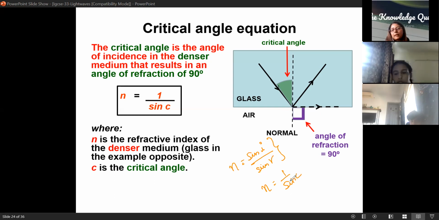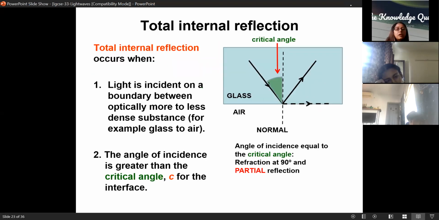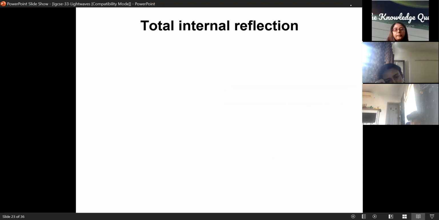Critical angle. When the angle of incidence is at a critical angle. ठीक है? Right? मैंने आपको critical angle दिया हुआ. हाँ. Done?